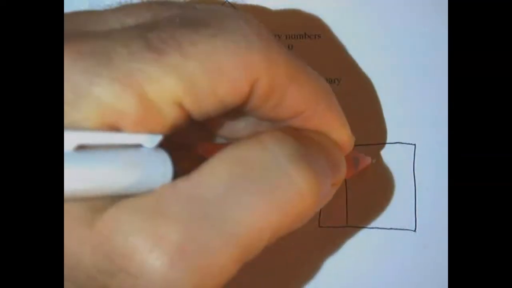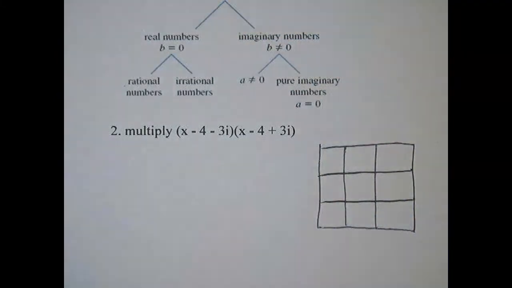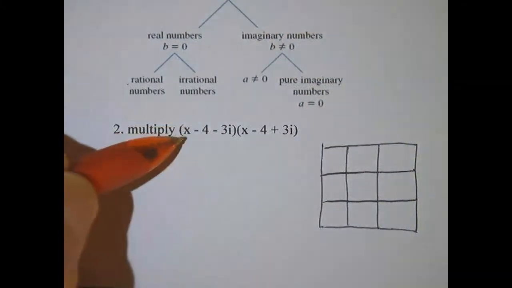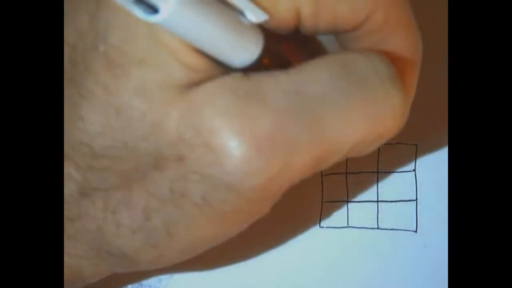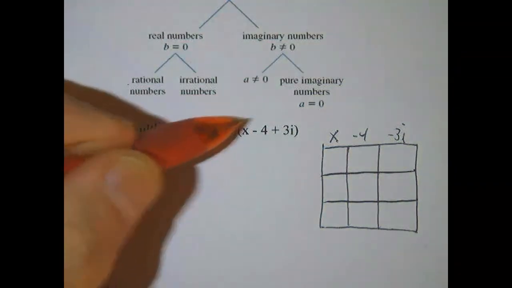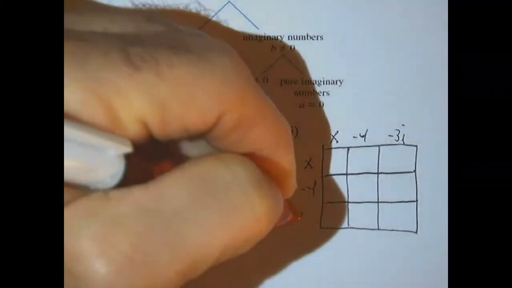So what I'm going to do is put each of the factors along the top and side. On the top, I'll put the first one, x minus 4 minus 3i. And on the side, I'm going to put x minus 4 plus 3i.